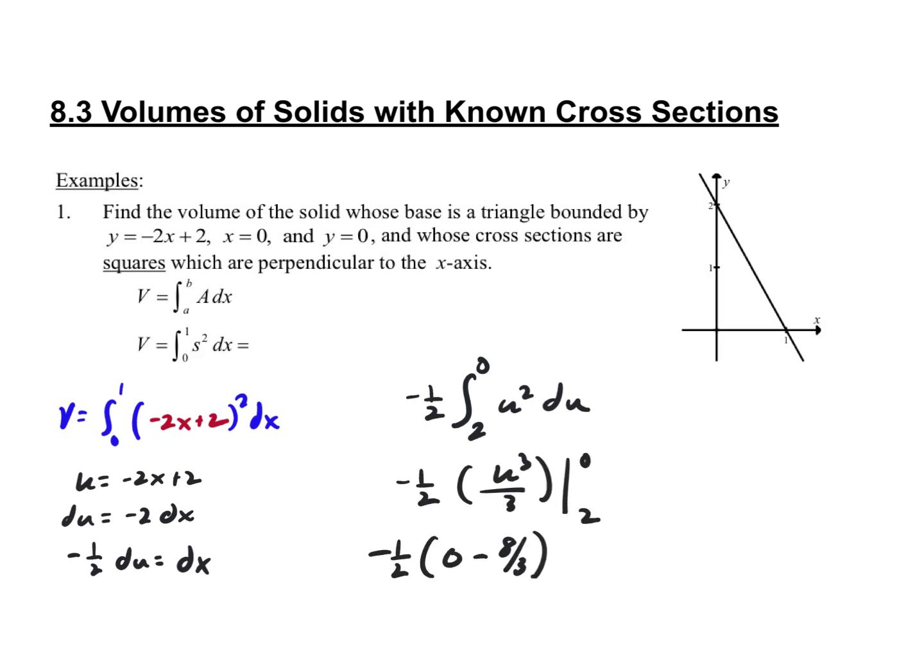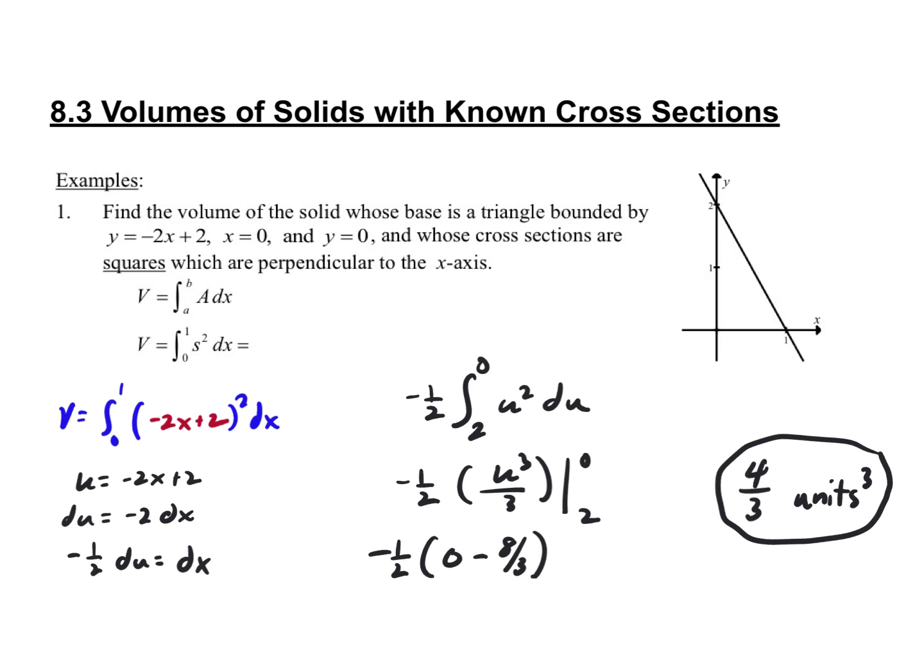Because we did use substitution, you just have to leave the limits. You plug these in and leave them in whatever order they're in. Like I said, this ends up giving me a negative, but I already have a negative. Of course, we're finding volume, so we're looking at cubic units.